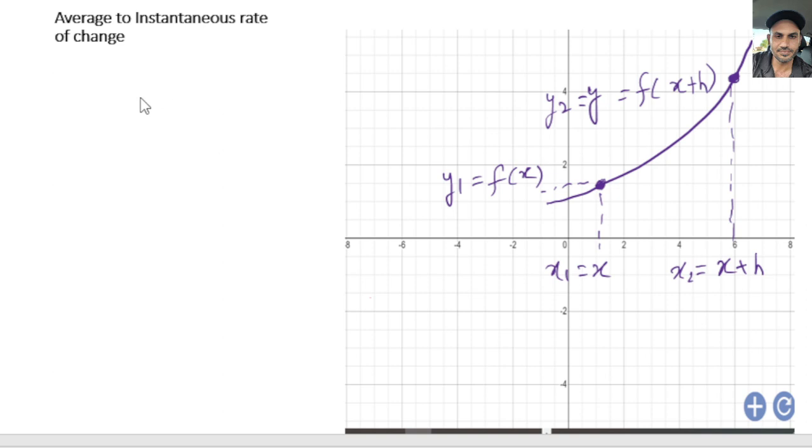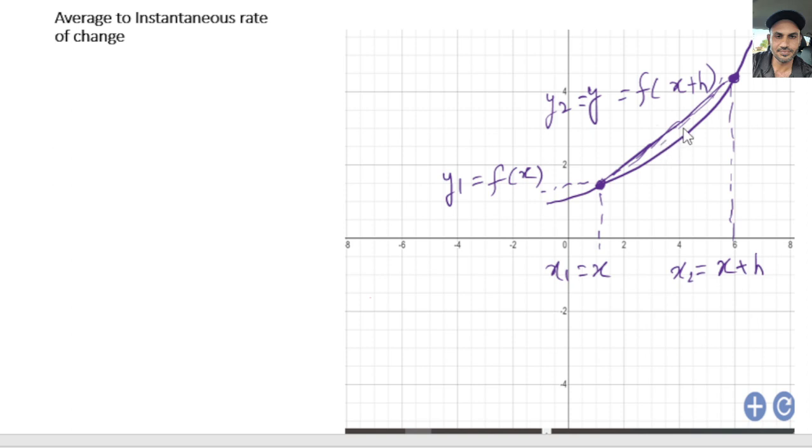As we did before, if we want to find the rate of change over the interval, which is the average rate of change, we draw a straight line connecting these 2 points.